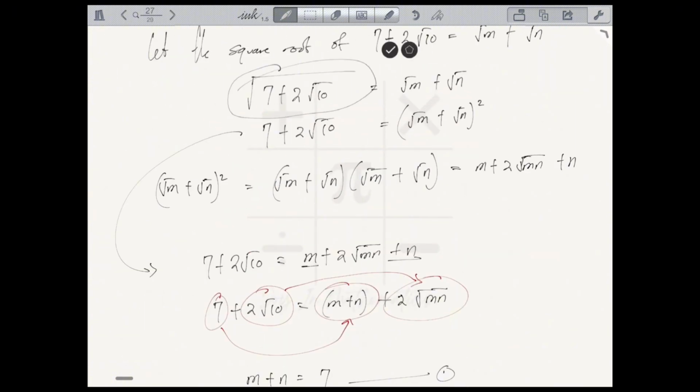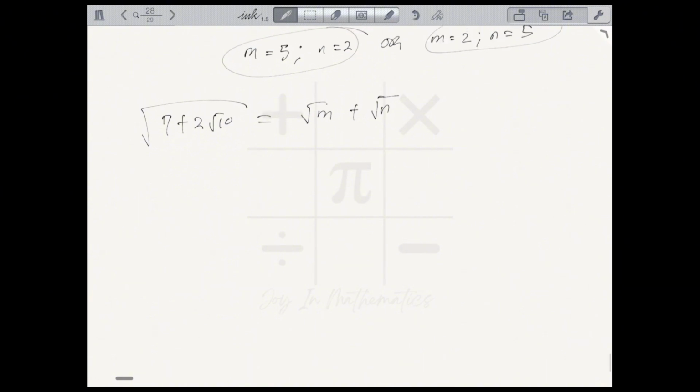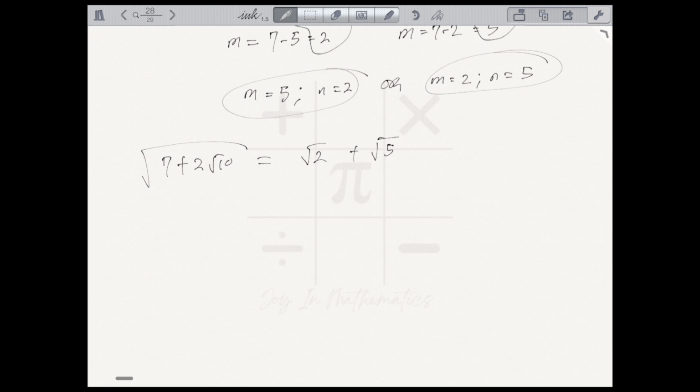And if m is 5 and n is 2, we have root 5 plus root 2. And if m is 2 and n is 5, we have root 2 plus root 5. Now it's still the same thing. So the square root of this is this plus this, twice, because they are occurring at the same time.